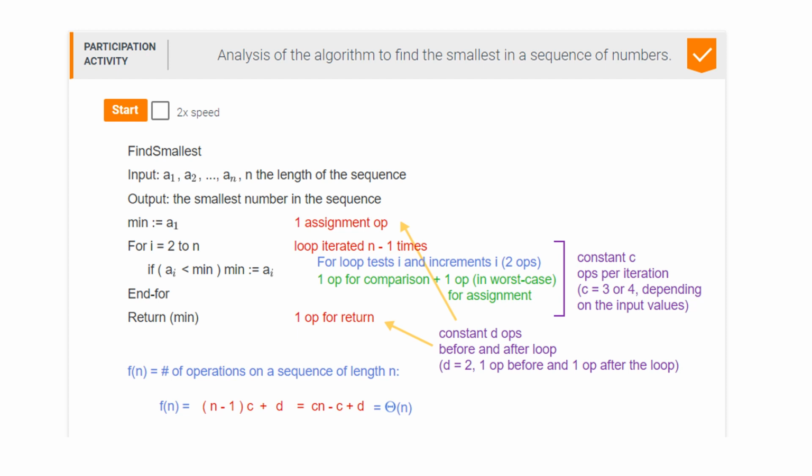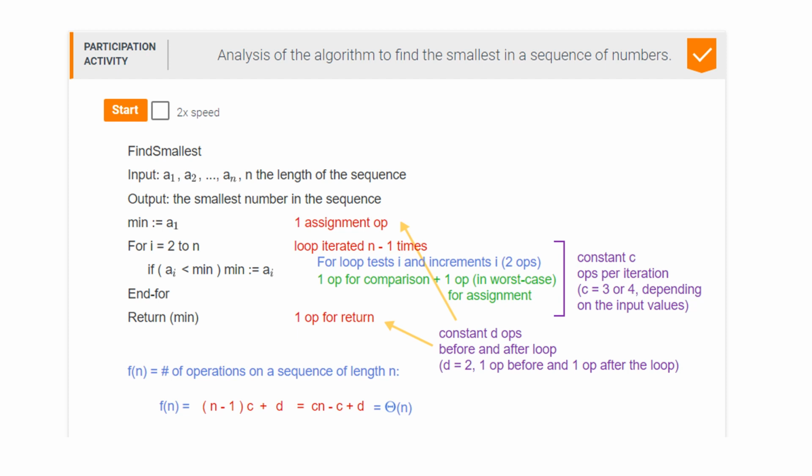So that would be the worst case. But if they were put in ascending order, then this assignment wouldn't ever be done at all. So it kind of depends upon the actual input values as to how many times this is going to happen.